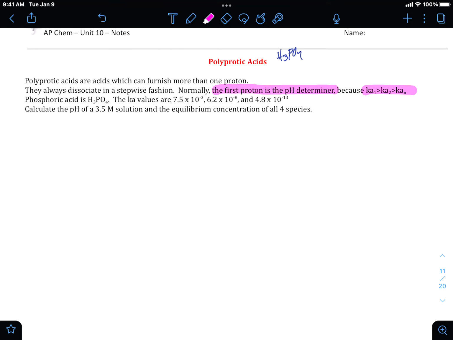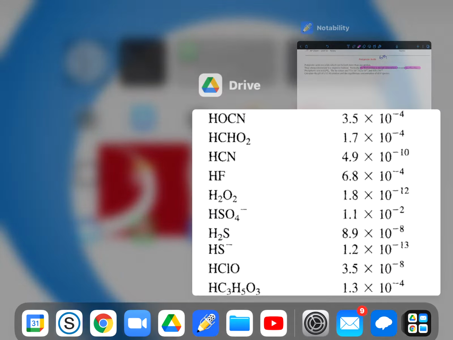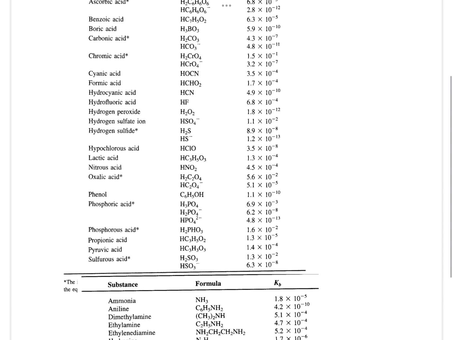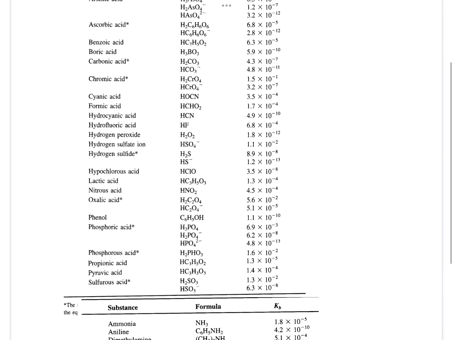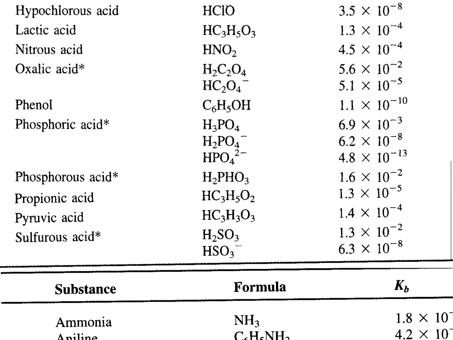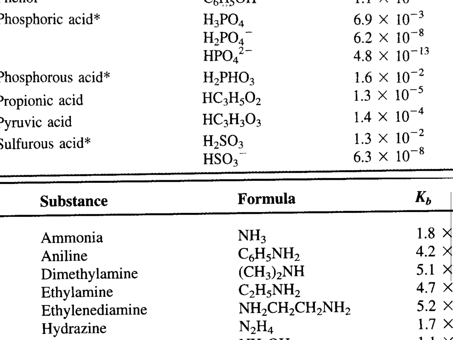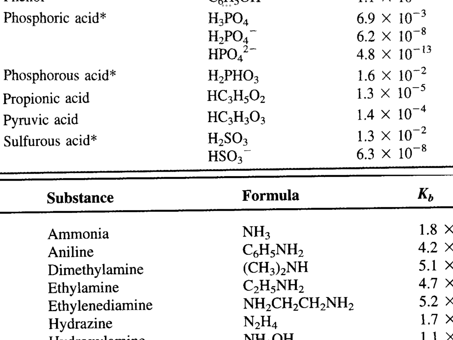I'm going to switch over to look at that sheet here for a second. If we look back at our sheet, everyone see phosphoric acid right here? Do you see how it's got H3PO4 and the Ka is 6.9 times 10 to the minus 3? But then it gives you a second Ka, and that Ka is for H2PO4 minus.